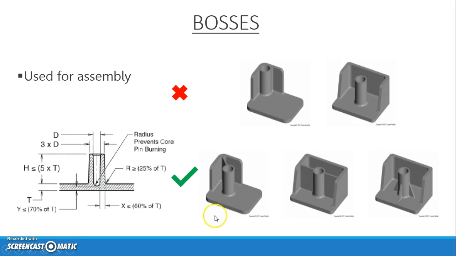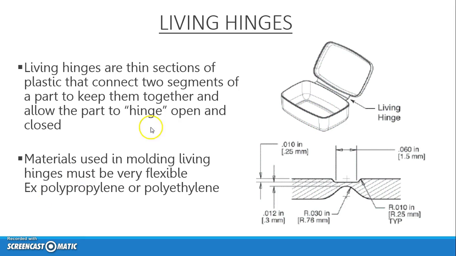These structures can be easily modified into one of these three, and the standard dimensions of any boss structure are given here in parametric form. Another useful feature is the hinge. Here this is the design of a lunch box, and you can see the hinge over here. In this hinge, you must have fatigue strength, as it will open and close a large number of times.